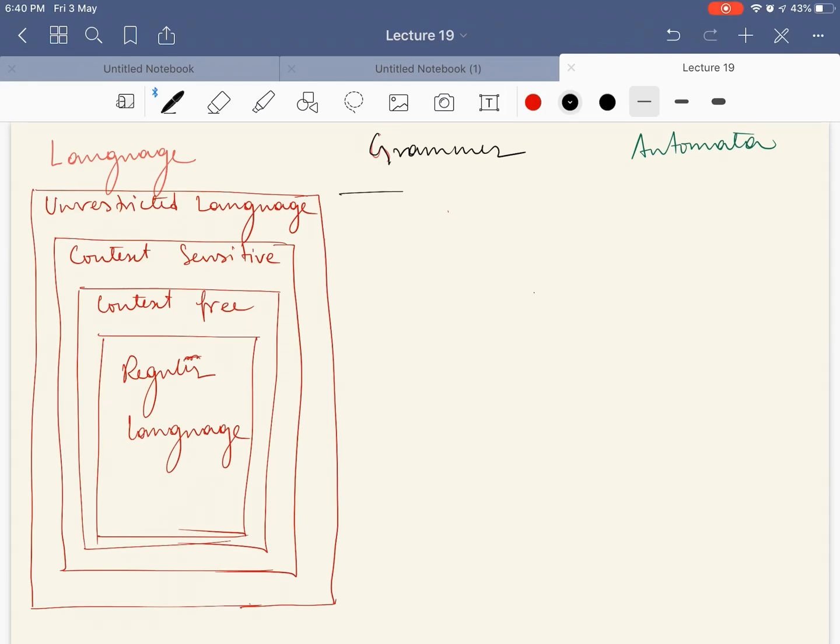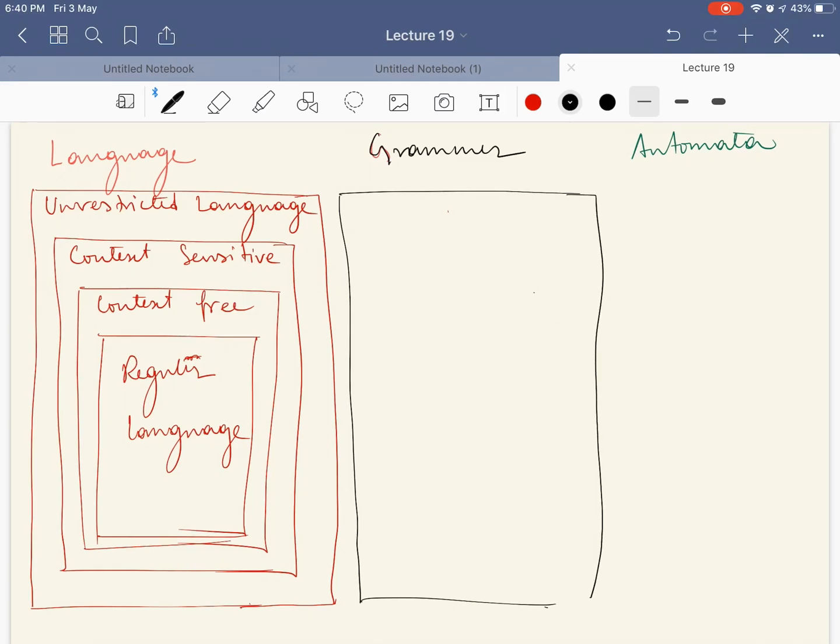Now for the grammar itself, the grammar corresponding to unrestricted language is called unrestricted grammar.